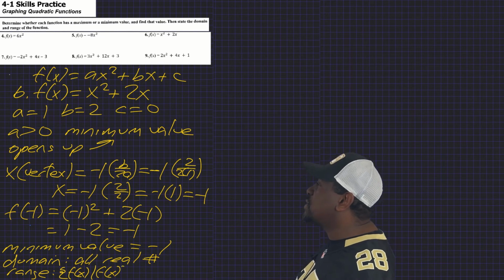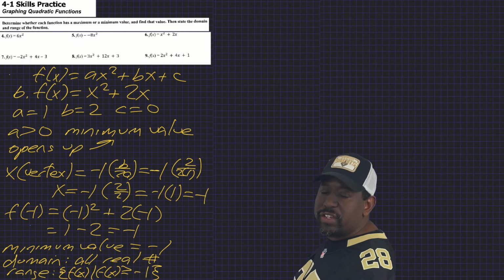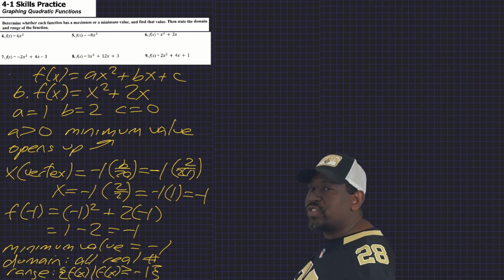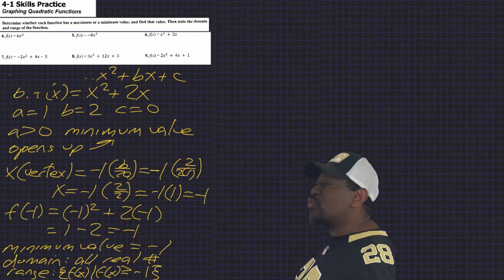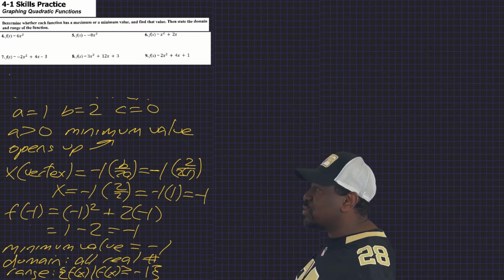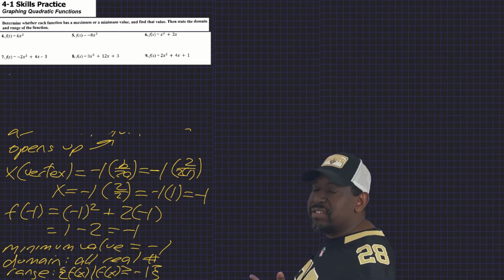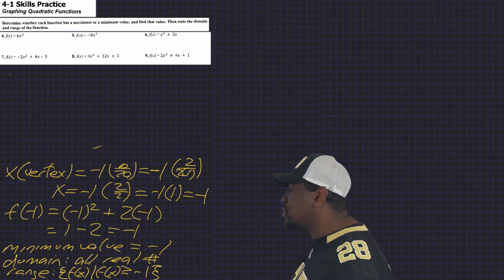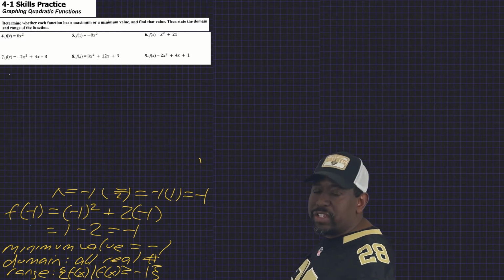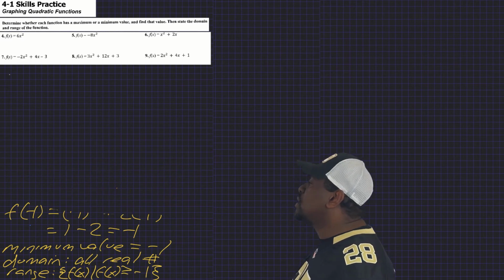Here we go. And so that is my range. f of x is greater than or equal to negative 1, which you can also state as y, because f of x is equal to y, and range is the set of y values. So you can put y greater than or equal to negative 1 also.